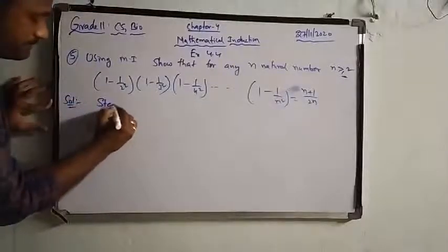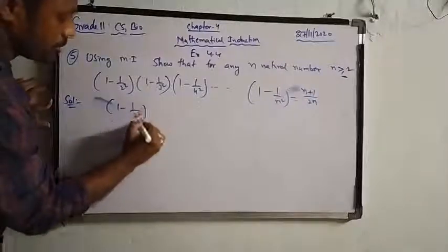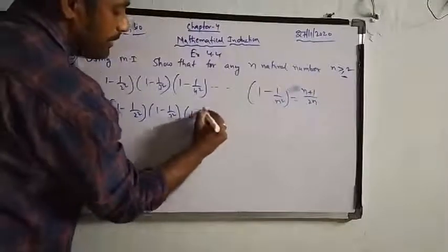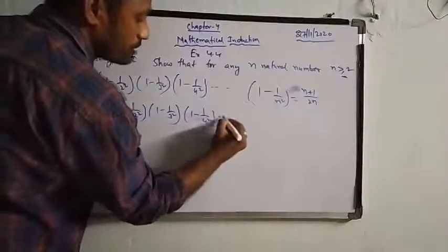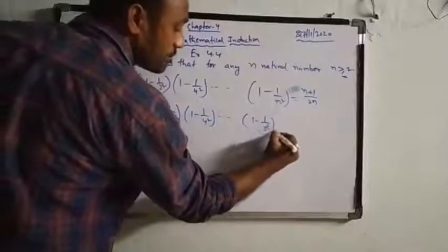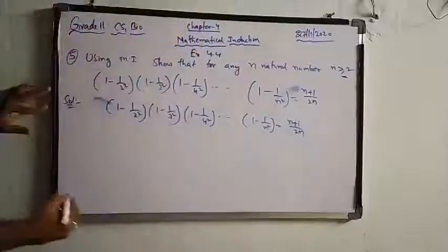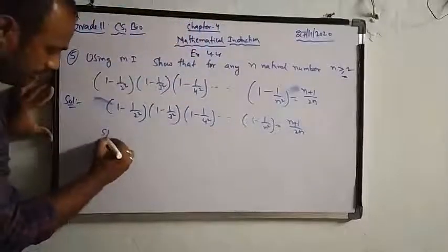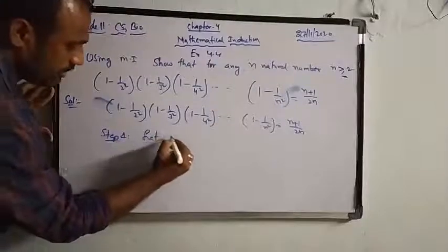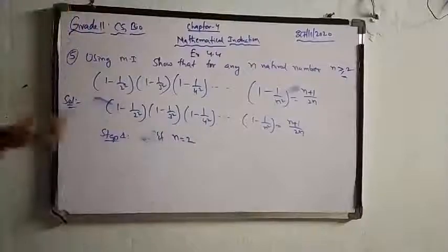So step 1, let us first write what is given: 1 minus 1 by 2 square into 1 minus 1 by 3 square into 1 minus 1 by 4 square and so on, 1 minus 1 by n square is equal to n plus 1 by 2n. Let n equal 2. Why are we starting from 2?